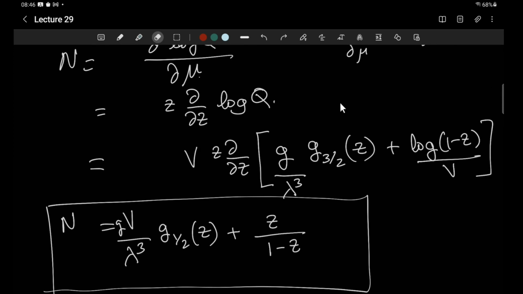Maybe I'm assuming that G3 doesn't have dimension. So just give me a second.